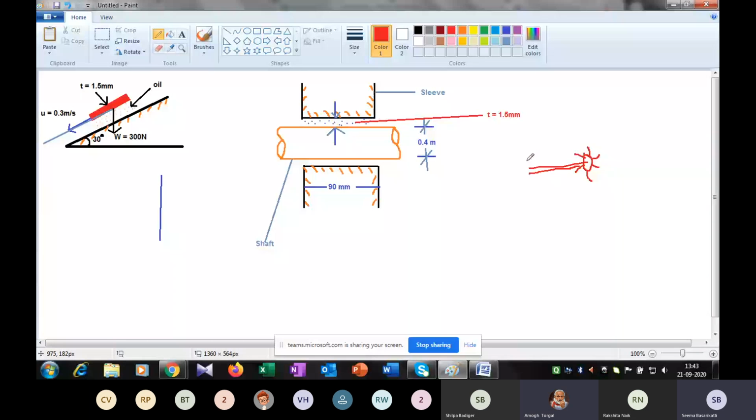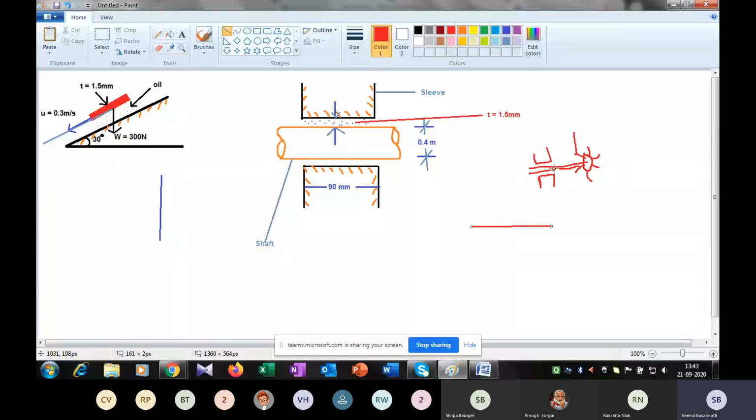Once the water falls on these blades, they will start rotating, and this mechanism is placed on a circular shaft. In order to hold this shaft in a particular position, sleeves are provided here. In order to keep this shaft in an exactly horizontal position, sleeves are provided.